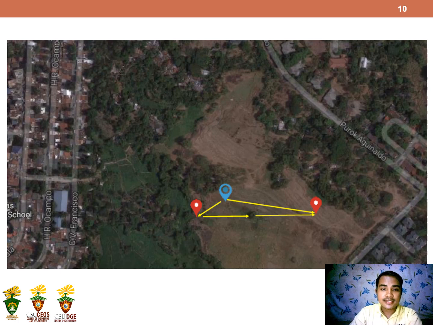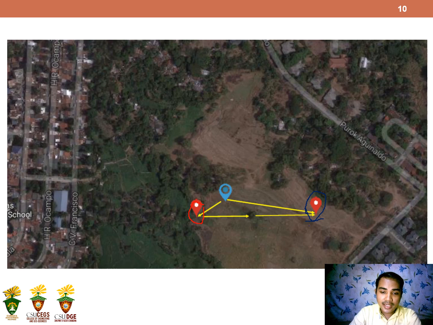So here is the practical illustration on the eccentric station. Assume that you are here in this station, where you set up your instrument, and you are going to get a measurement or information from this station to this station rather.